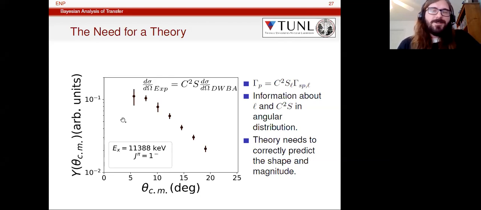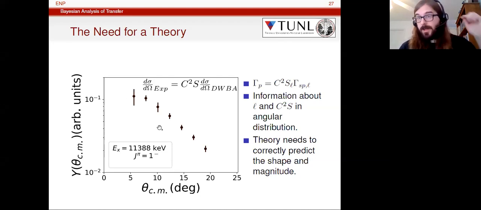In the energy calibration case, we're just picking states, fitting a polynomial, and then we're done. Whereas this angular distribution that I'm showing for a bound state with a known spin parity is going to require a nuclear reaction theory, and that nuclear reaction theory is going to introduce additional uncertainties into our calculations and the properties that we extract.